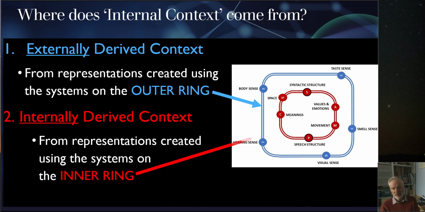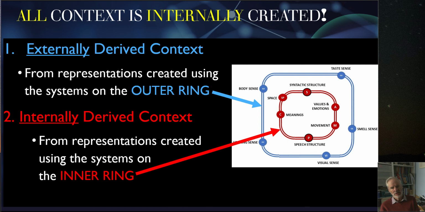We just saw that the syntax and conceptual ones are associated with one another. But all in all, whatever the internal context is, it can come from either the blue ring or the red ring. They can either be externally derived, so originally from some experience in the outside world, or from the inner system of the red ring.